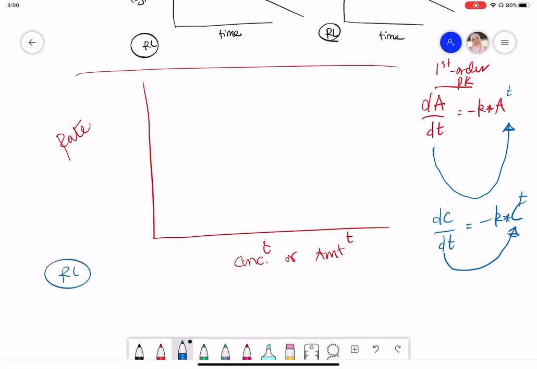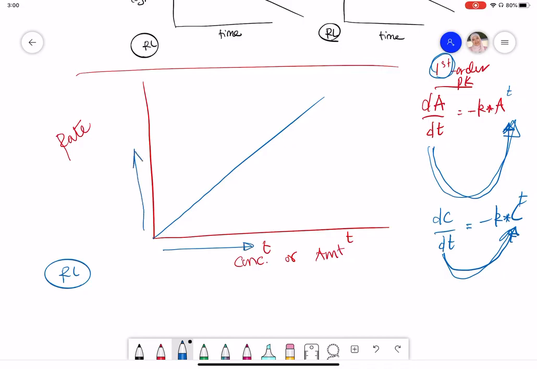Okay, we said that if we are talking about first order kinetics, the relationship is directly proportional to the amount or concentration. So it would be linear. It's directly proportional: as the concentration of the drug or the amount of the drug in the body increases, the rate would be increasing. If the amount or concentration of the drug in the body decreased, then the rate would decrease.